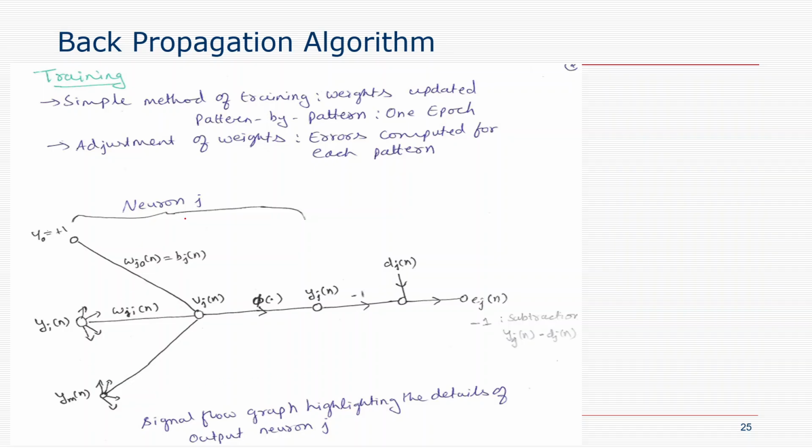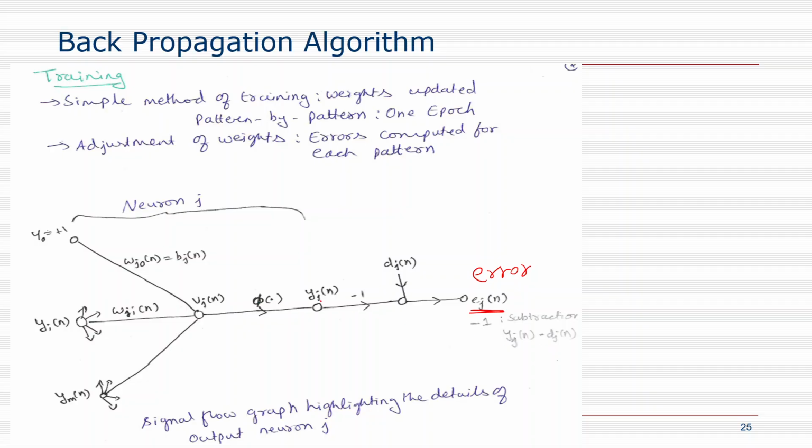That is, if we take the neuron j, its output is given by yj of n, and the error of the output node j at the nth iteration is ej of n. The desired output is dj of n. Here -1 indicates subtraction, because when we compute the error, we do the subtraction between the predicted output and the desired output.